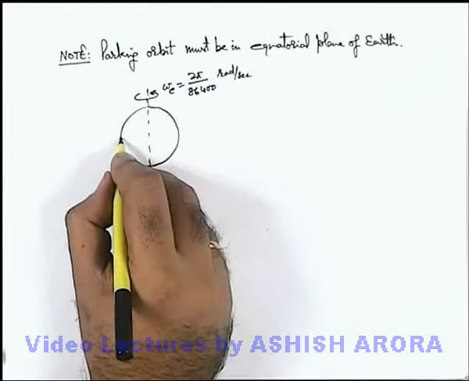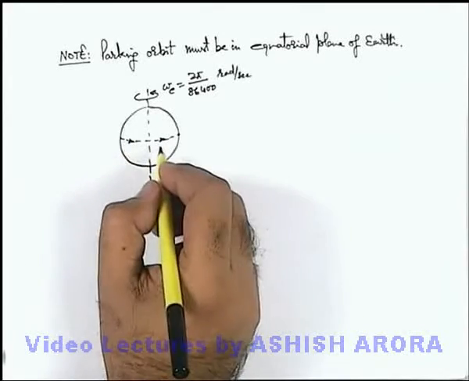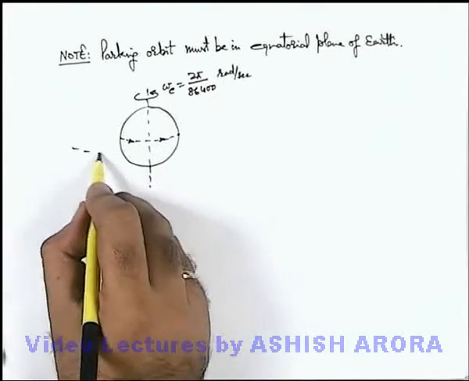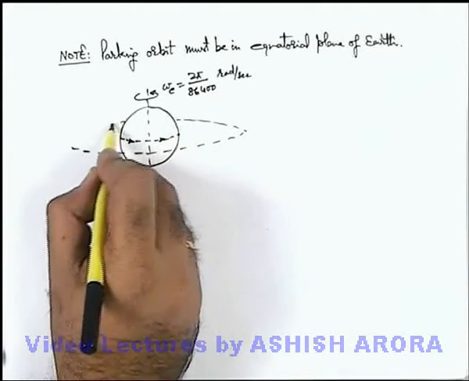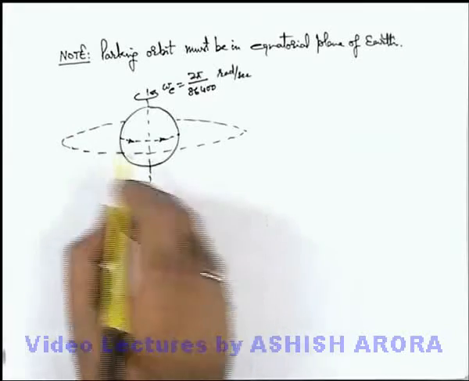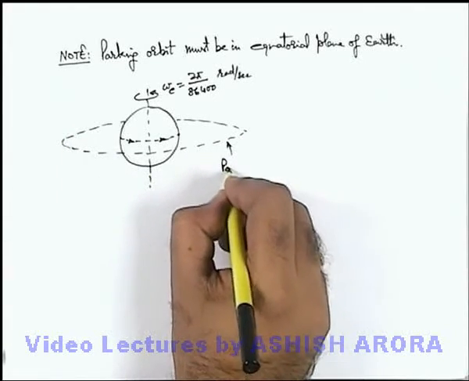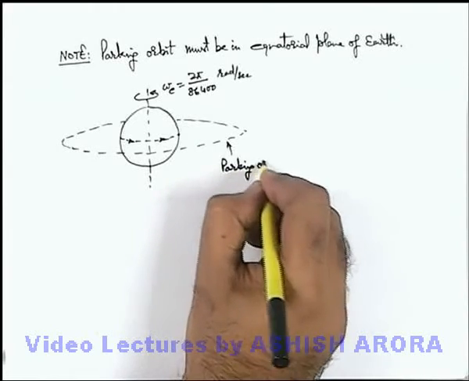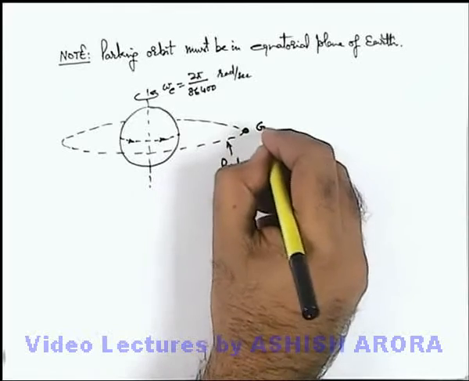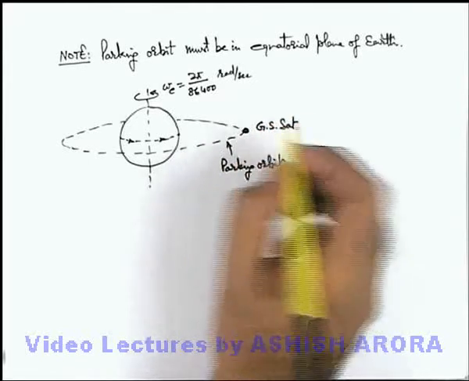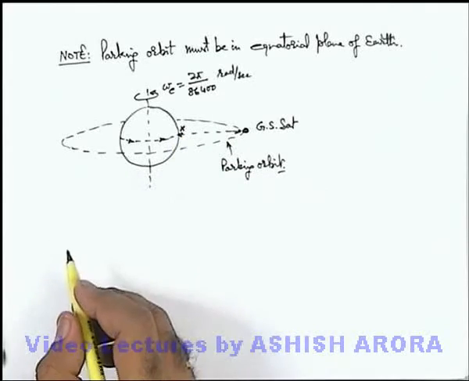Any point on Earth's surface will be revolving in the largest circle over the Earth. If we consider an orbit for a geostationary satellite in the plane of the equator, we call this the parking orbit, which we discussed in the previous slide, in which a geostationary satellite always appears exactly above the point X on Earth's surface.